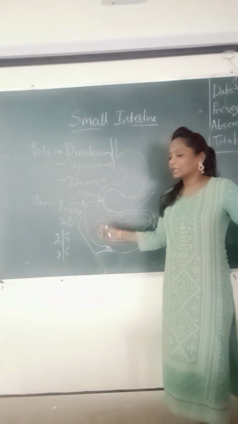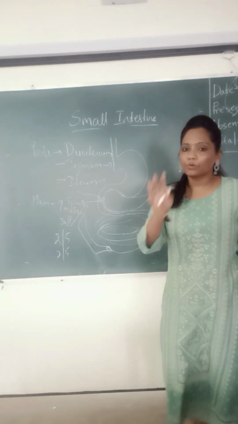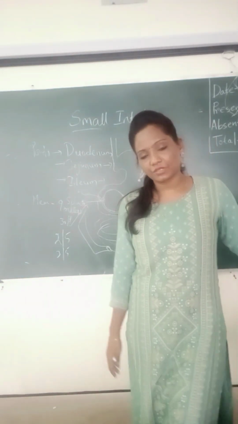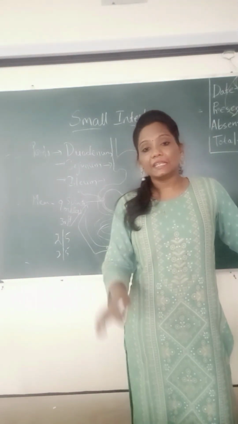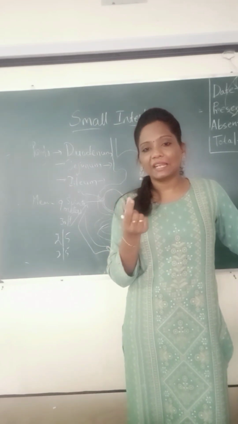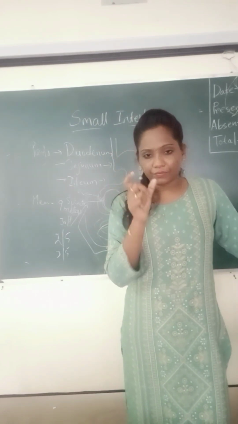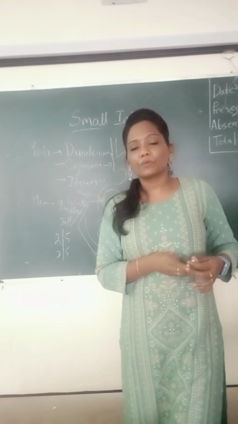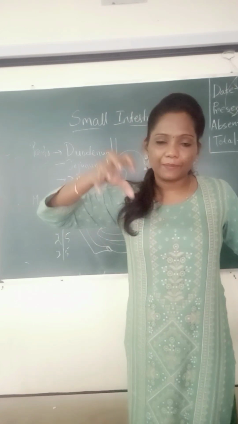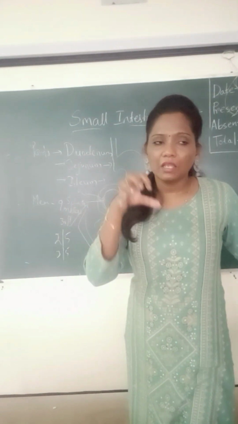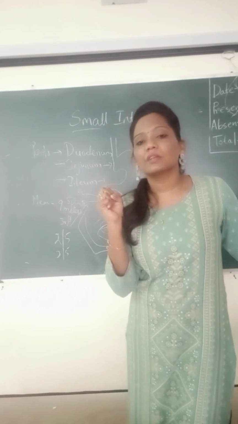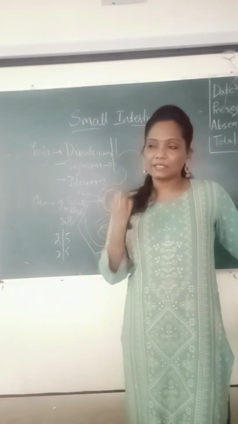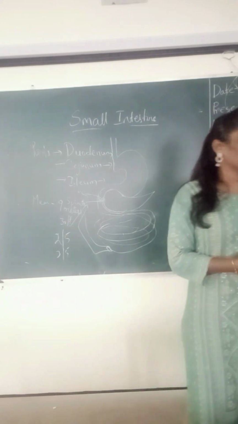The very important function of the small intestine is that it has microvilli structures which allow for nutrient absorption. It mainly helps in the absorption of nutrients. That is the major function of the small intestine.